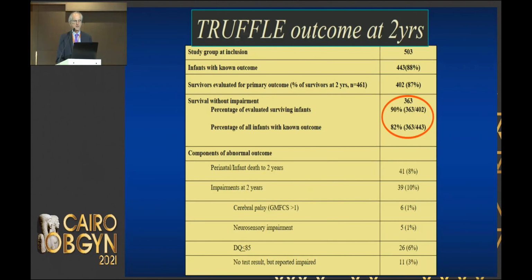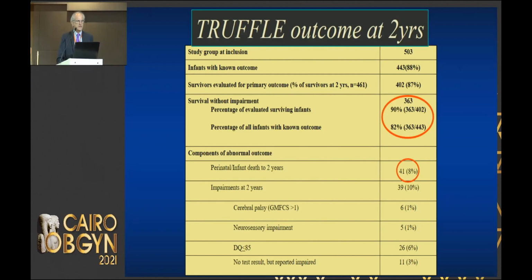There was a loss of follow-up of 12%, so 88% were followed up, and there was an incidence of 41 cases, which is 18%, of perinatal death, intrauterine fetal death and neonatal death, and then up to the age of 2 years, 8%.